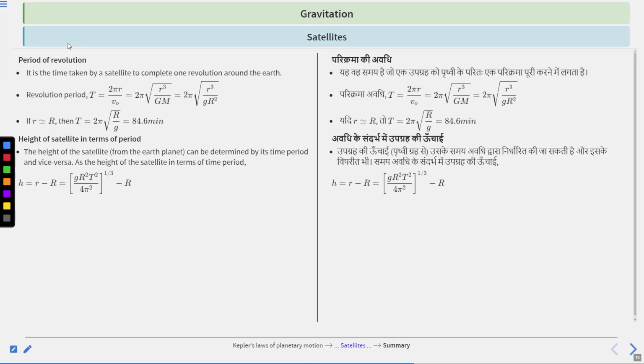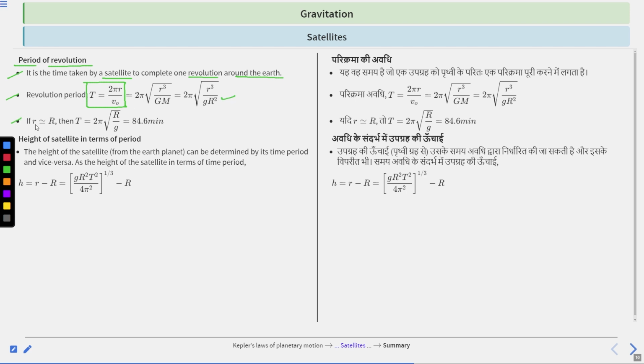Next is period of revolution. It is the time taken by a satellite to complete one revolution around the Earth. And the revolution period T is equal to 2 pi r divided by V0. So this is the revolution period, which is equal to 2 pi under root r cube divided by GM, which is equal to 2 pi under root r cube divided by gR squared.